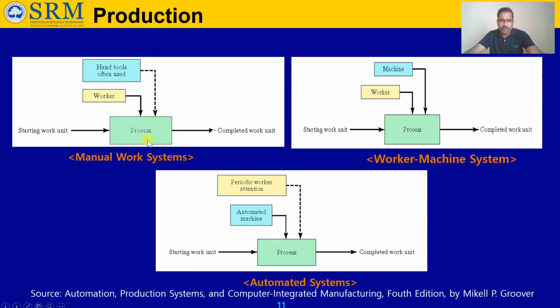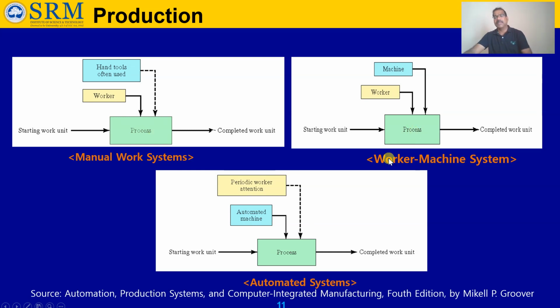He often uses hand tools, though not compulsorily, but the main process is done by the worker alone. So between input and output, the process is done by the worker, often with the help of hand tools.